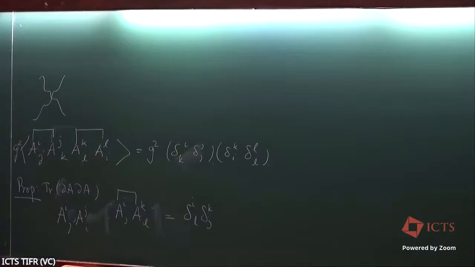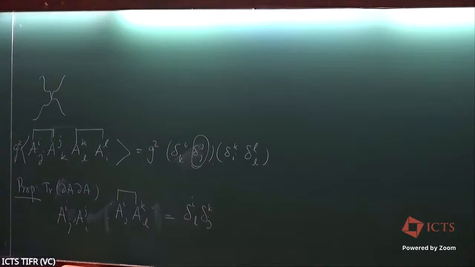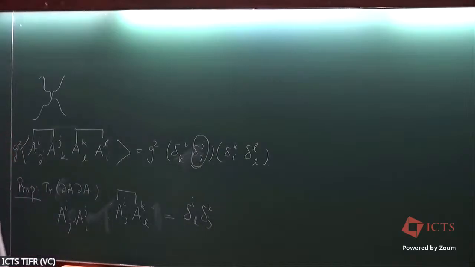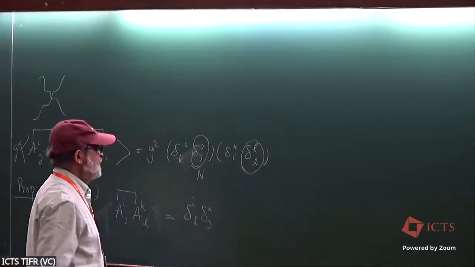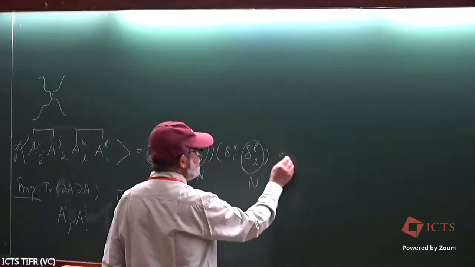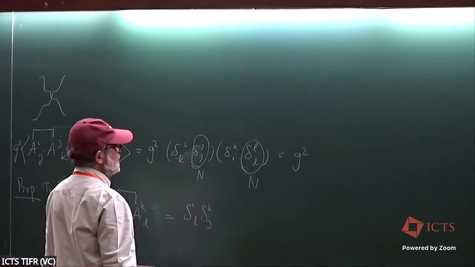Now delta IJJ, what is the value of that? There's a sum. So all of these indices are summed. There's no hanging index at all. So is there some suggestion? N. Very good. So that's N. How about this? N. And now these two guys together will give me delta Ki, so that's delta II.